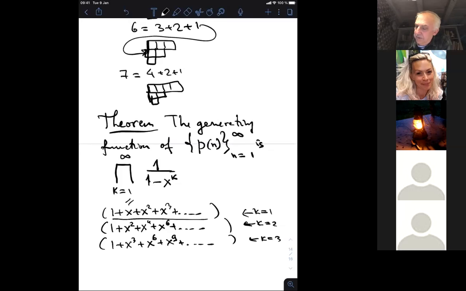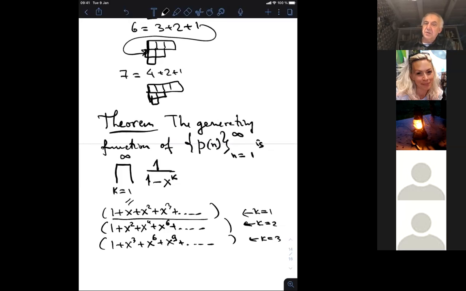And so if we're interested in terms in this product of some power, say 156, then we will be only interested in k up to 156. For larger k, we can only pick 1 in the product.